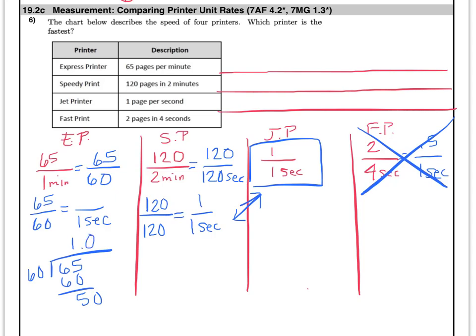So 60 goes into 500 something like 8 times. So you have a little more than 1 page per second. So more than 1 page per second makes Express Printer the winner. He's printing more than 1 page per second, where this guy is only printing 1 page per second, and this guy is only printing 1 page per second. So you would write Express Printer is the fastest.